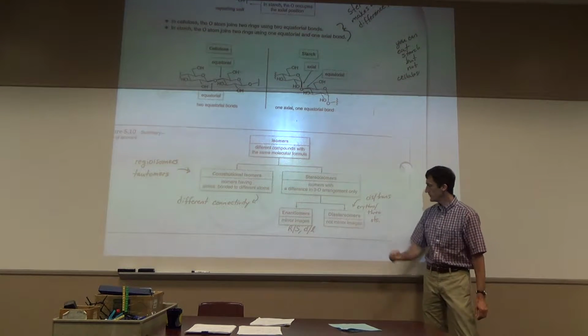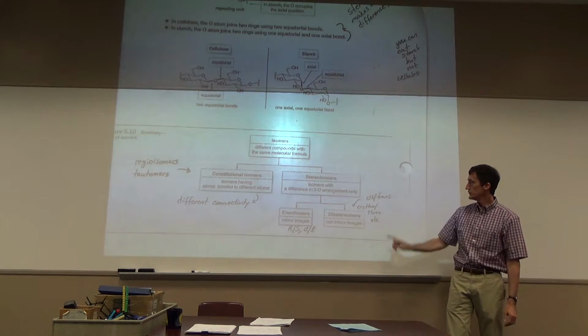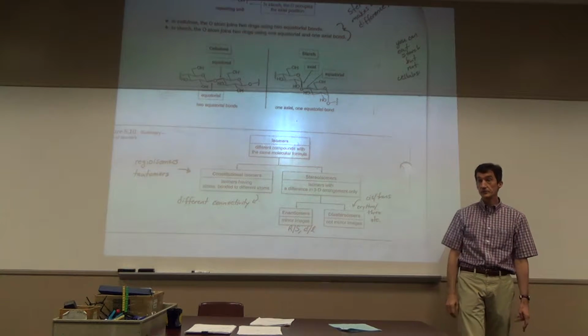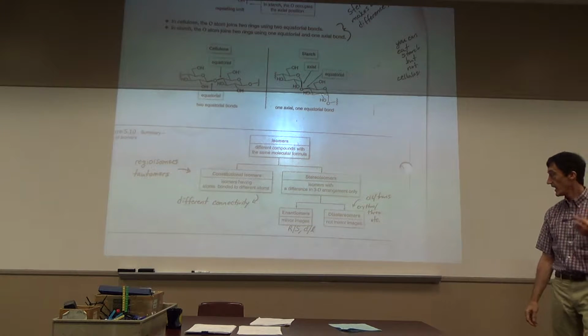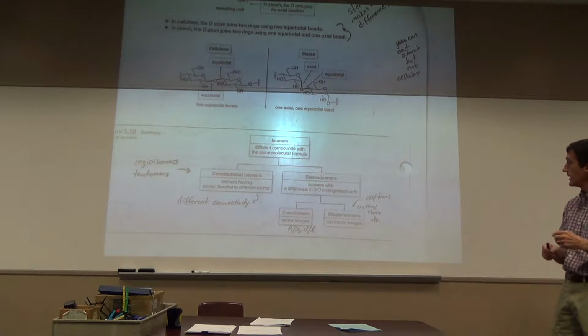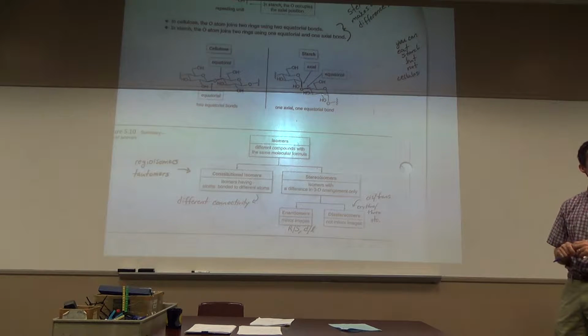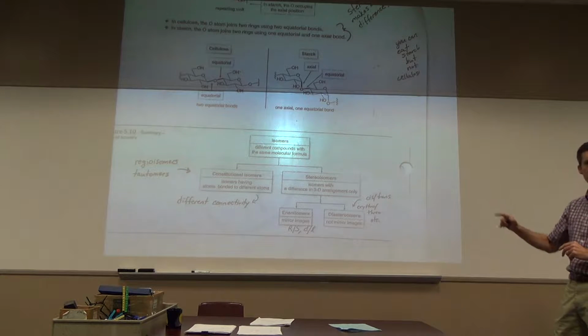Stereoisomers that are not mirror images. Cis and trans is actually a type of diastereomer. Okay? I used to get to the end of Organic 2 and students never realized that cis and trans are diastereomers. So I had to put this in here.